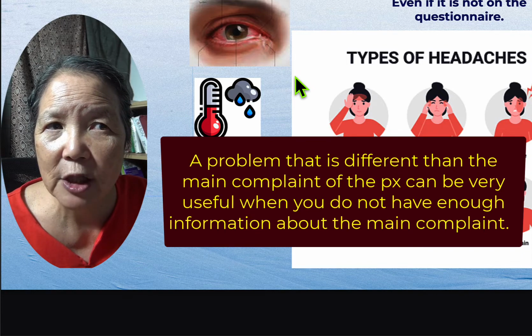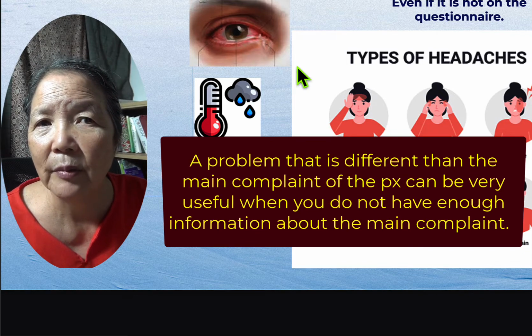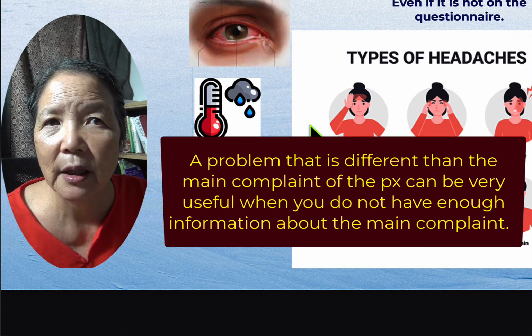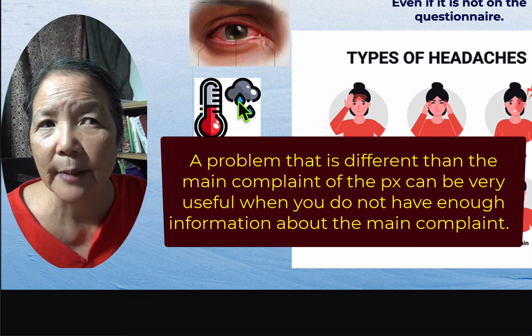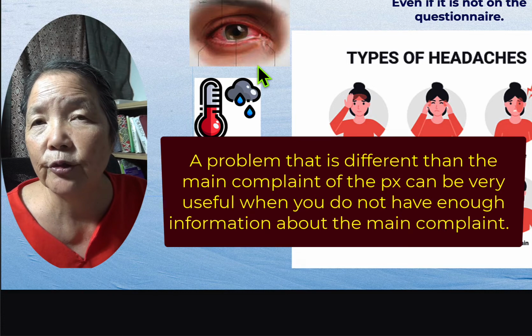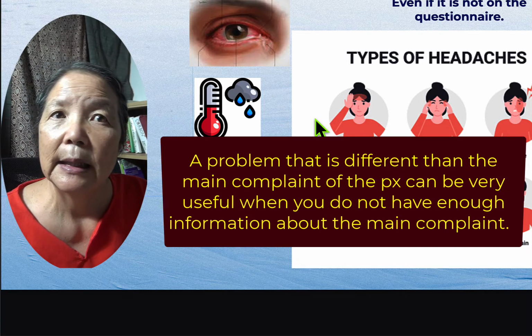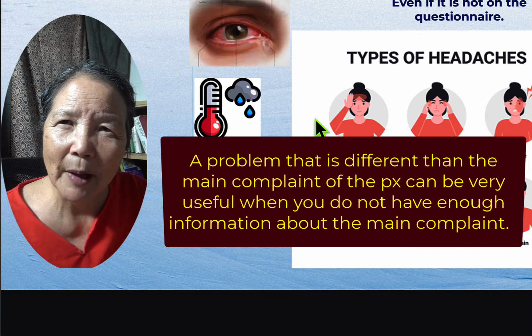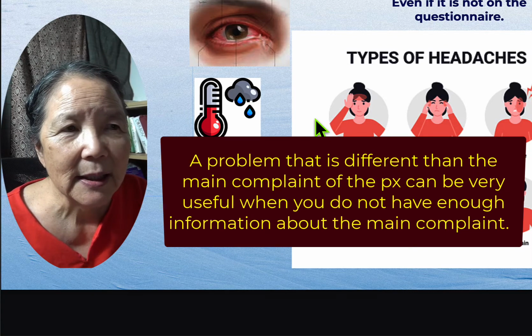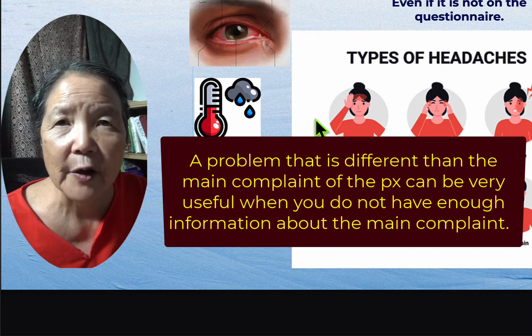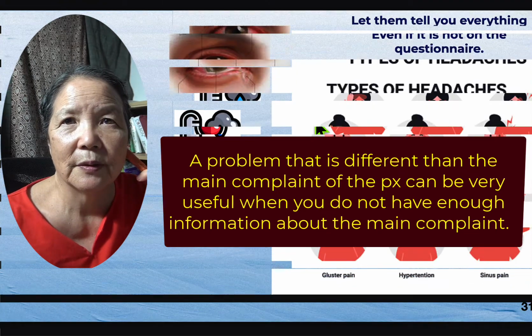So if they begin talking about their eye problem along with the headache, and it's a dry eye, which, you asked about dampness, so immediately they thought about their dry eye, put a little marker there, circle that, do something, because that could be very useful for you.